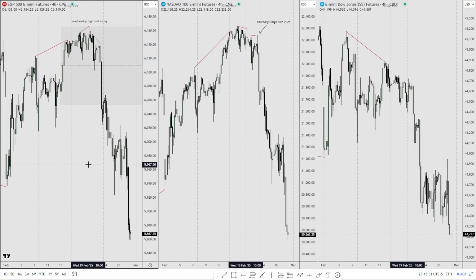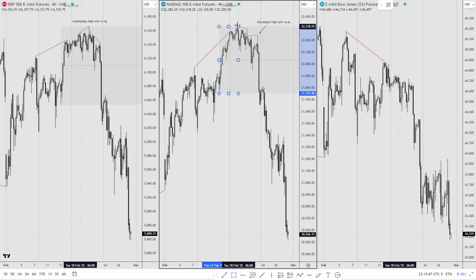Okay, so discount is right down here for ES. We reach into it with displacement. For NQ, the low is right here to this high. We reached into it with displacement as well.